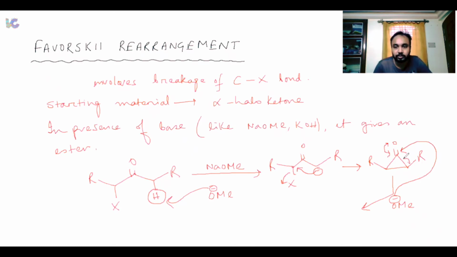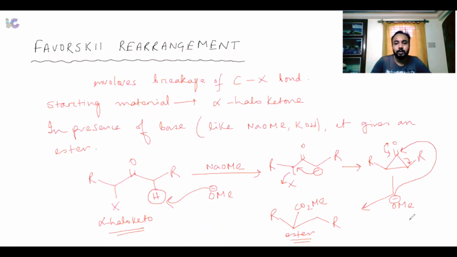Let's say ring opening takes place over here. So we are ending with the R group, and we are getting over here CO2Me. So this is the product. We are starting from the alpha haloketone, and we are ending with our ester.